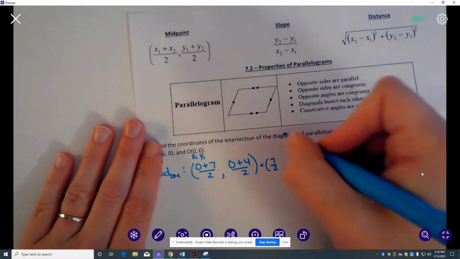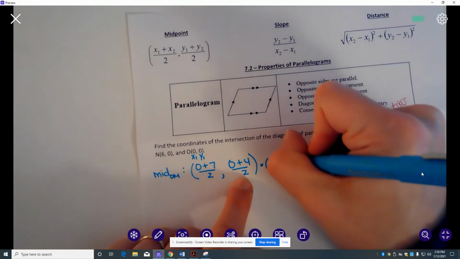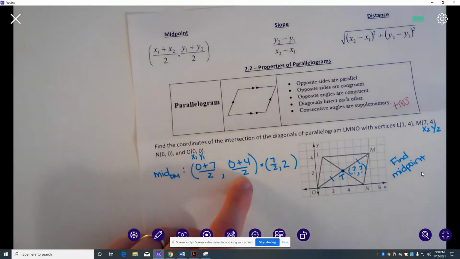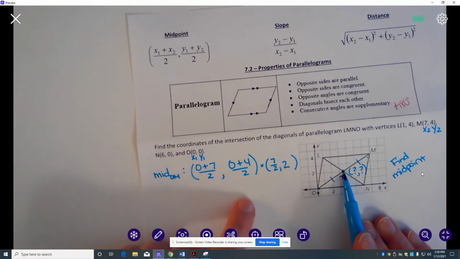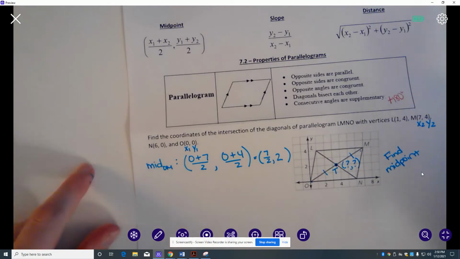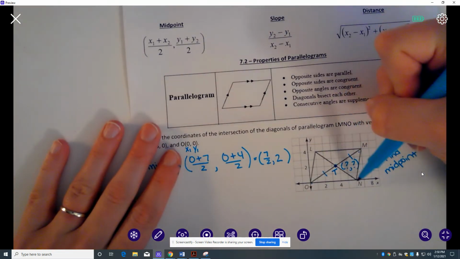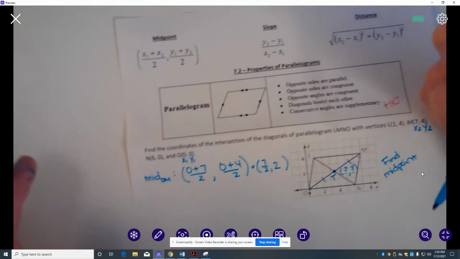I'm going to keep it as a fraction. 0 plus 4 is 4, and 4 divided by 2 is 2. So this point should be located at (7/2, 2). But just to double check our work, we should find the midpoint of the other diagonal, and it should be the same. If it's not, that tells us our work may be wrong somewhere.